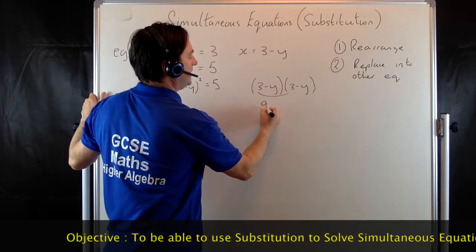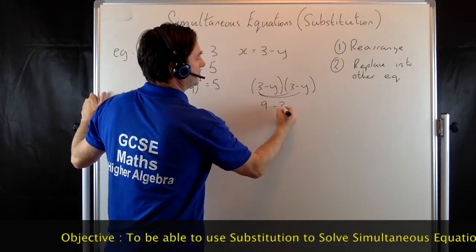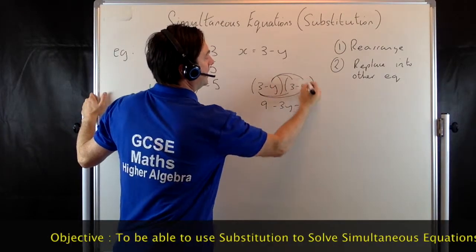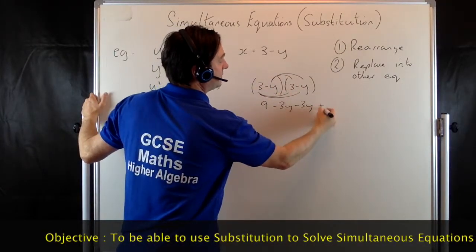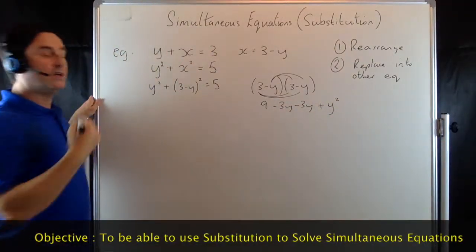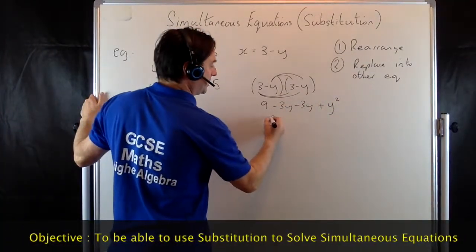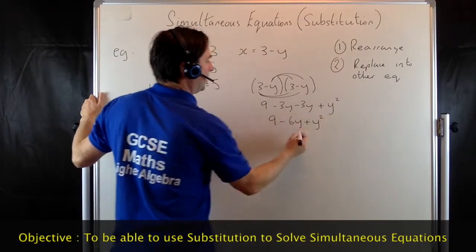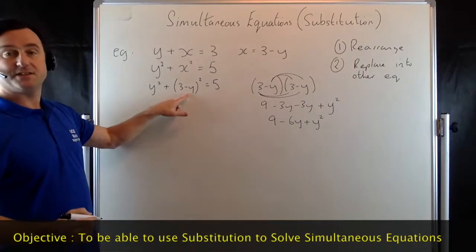That's going to give me 9 minus 3y minus another 3y. A negative times a negative gives us a positive, and y times y gives us y squared. Let's simplify that, tidy it up. 9 minus 6y plus y squared replaces this.